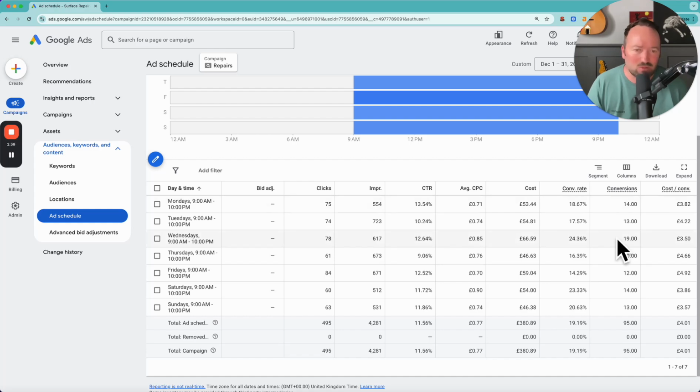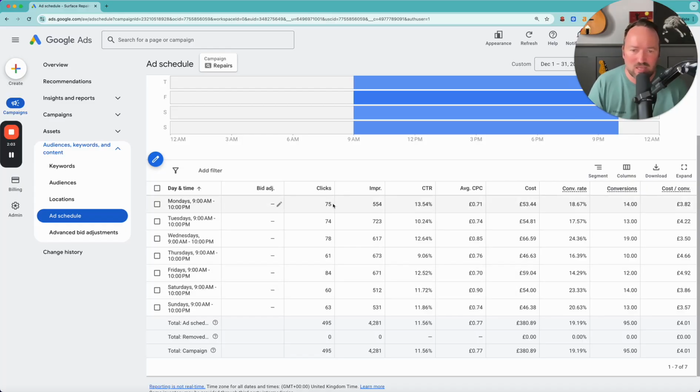So you get all this data, which is great to see here, but it's also showing you the day of the week when you got the conversion, right? And it's between that time range. Obviously, you can look at this straight away and ask yourself which are the best days to advertise on.